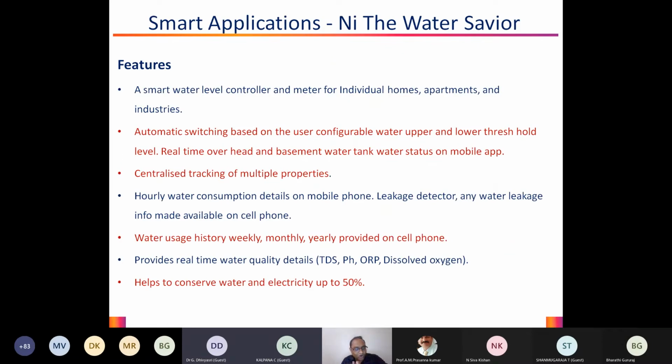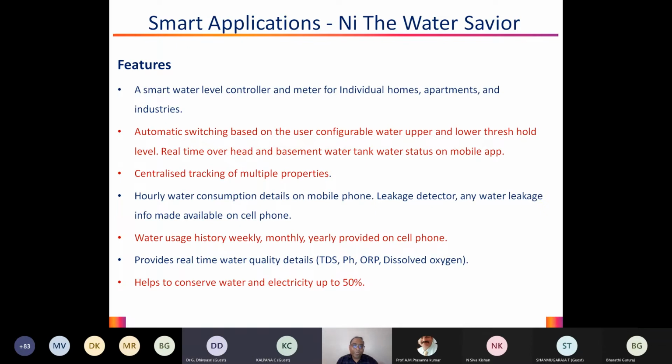Now I have one very useful device called the NI Water Saviour. This device is from a company called Nimble Vision, to which I am connected in some capacity. What Nimble Vision does is identify the real-life common problems that every normal citizen faces, and accordingly design solutions.